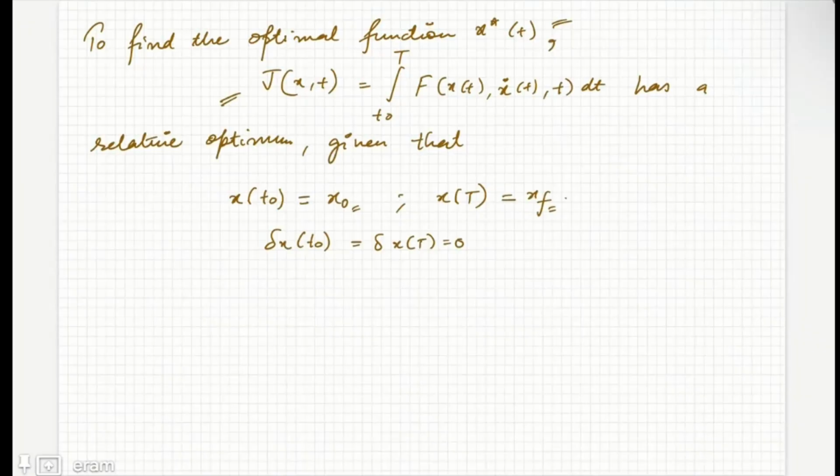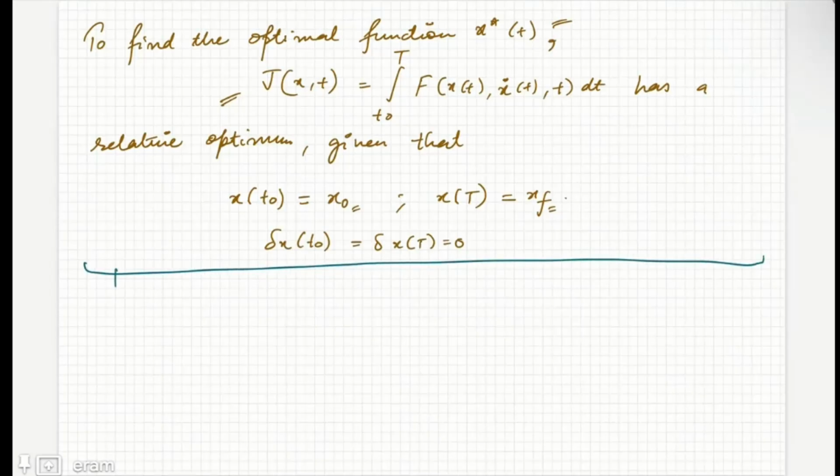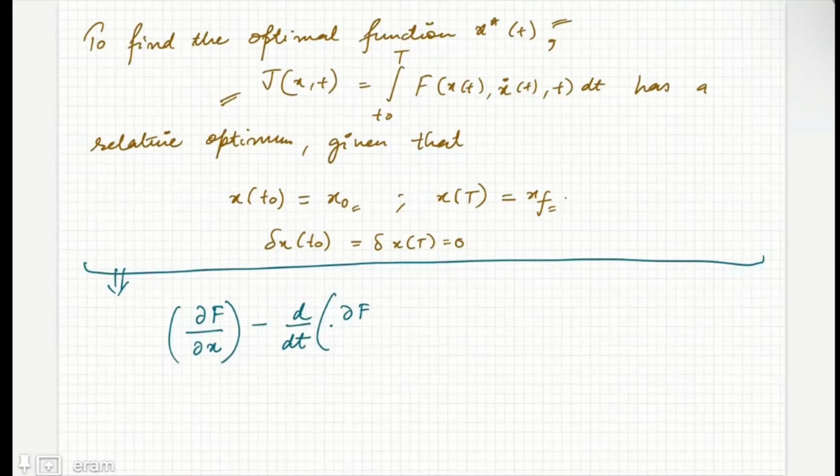The solution for such a problem is given by the very famous Euler-Lagrange equation, which is given as dou f by dou x minus d by dt of dou f by dou x dot equal to 0.